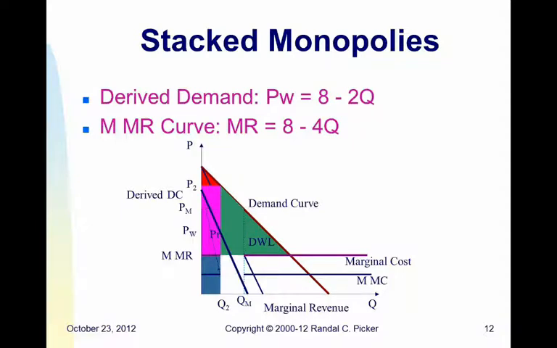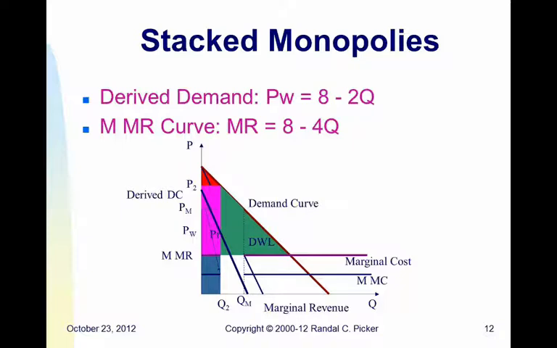Profits go there, and we end up with much smaller consumer surplus. These profits turn out to be smaller than the profits that we had. So deadweight loss has gone up. Profits actually dropped compared to the integrated monopoly, and obviously consumer surplus, this small red triangle at the top, has really dropped quite a bit.